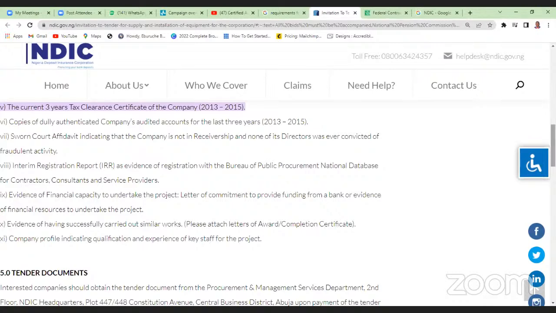Then you have your evidence of financial capacity to undertake the project. This one most often you get from your bank. So after you've gotten the major documents from government and government agencies, you need to go to your bank to seek a letter saying, yes, anytime there's a project, we are willing to sponsor, or we are willing to provide the funds.